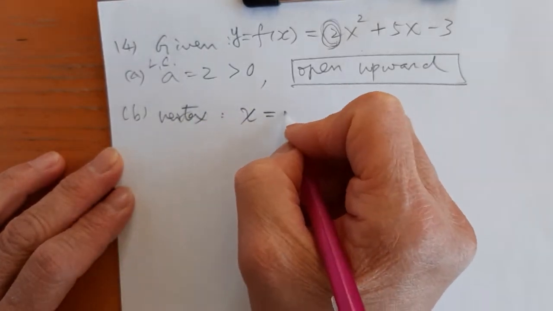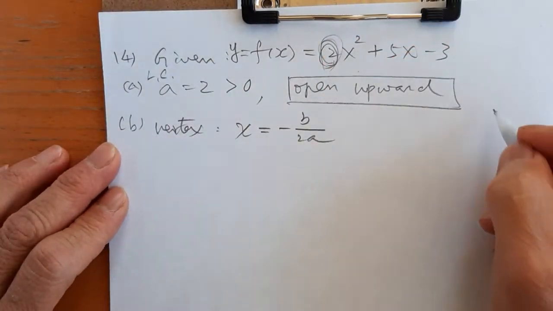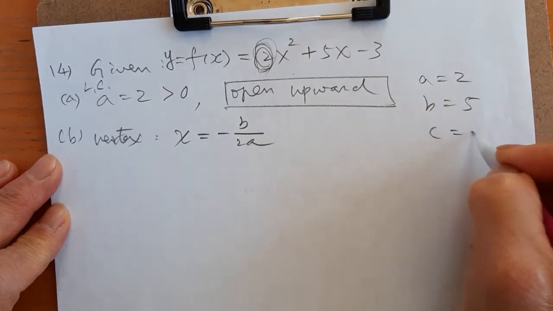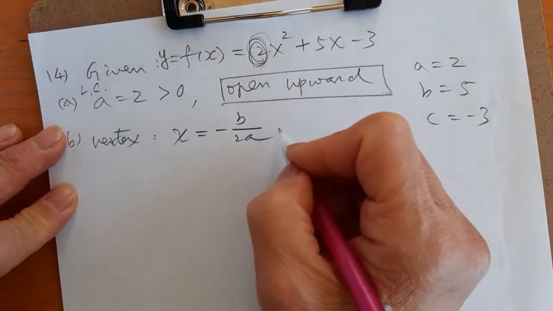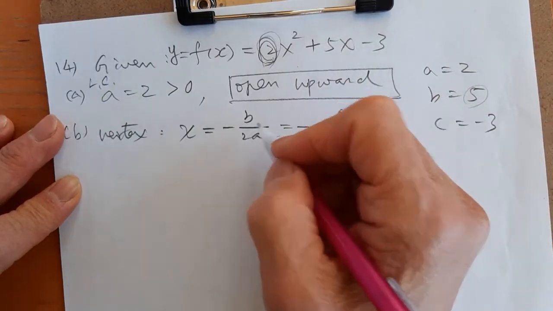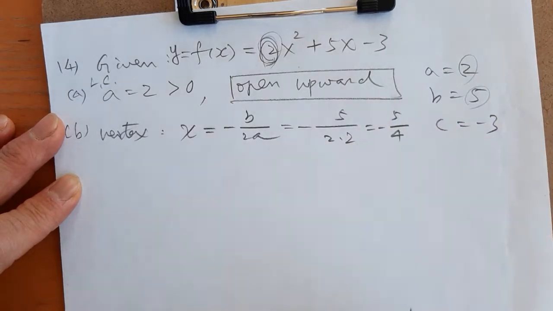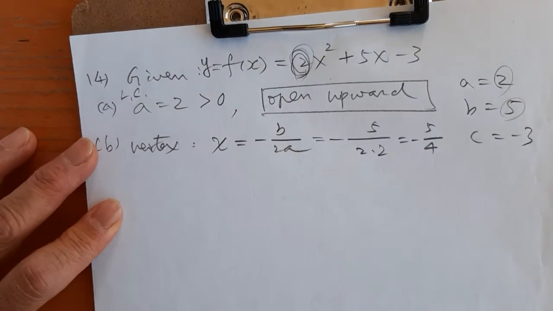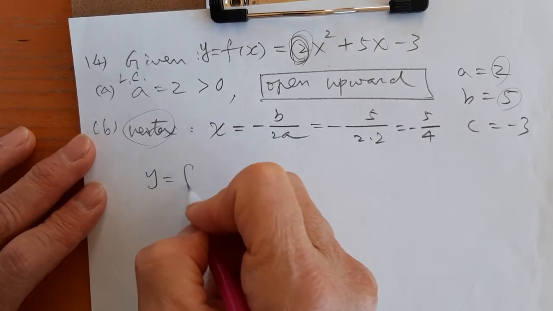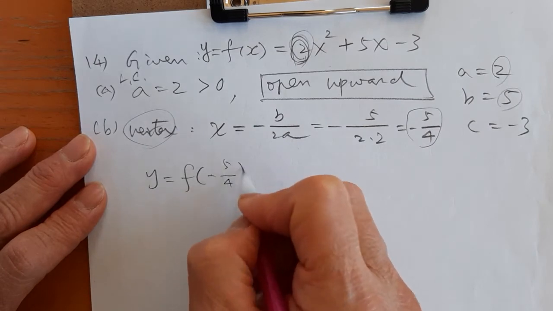B, find the vertex. The vertex x coordinate is negative b over 2a. Here a is 2, b is 5, and c is negative 3. Plug in: negative 5 over 2 times 2, so you get negative 5 over 4. That's the x coordinate. The y coordinate of the vertex is f of negative 5 over 4.